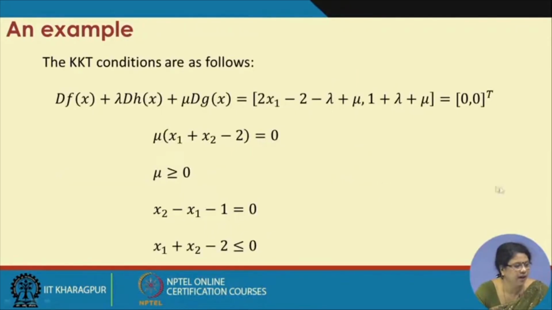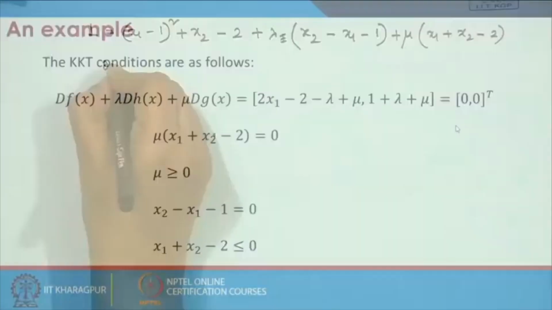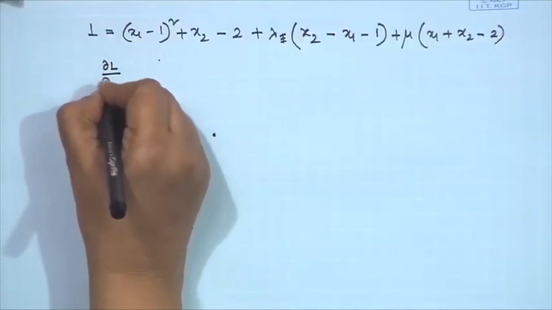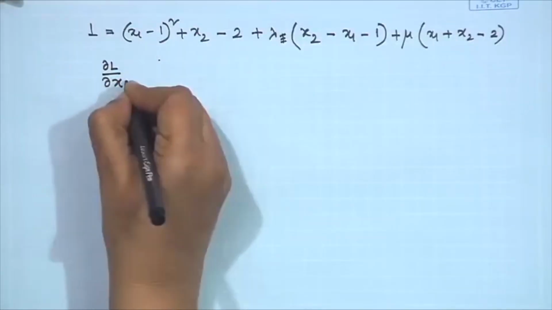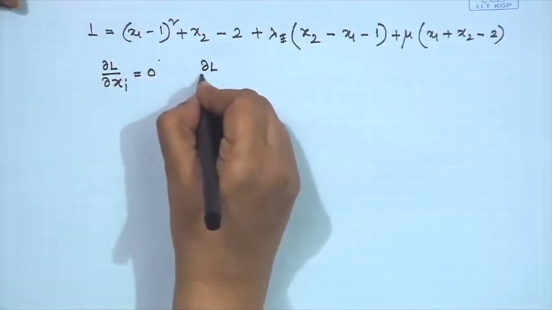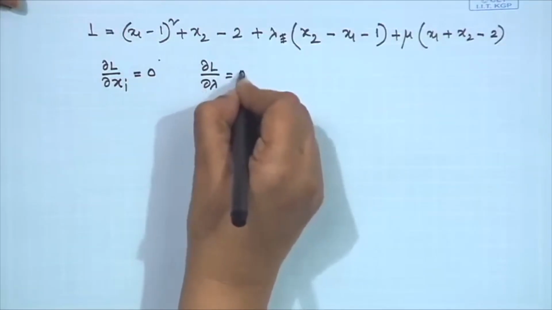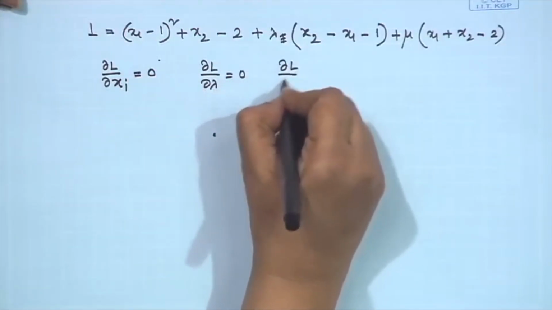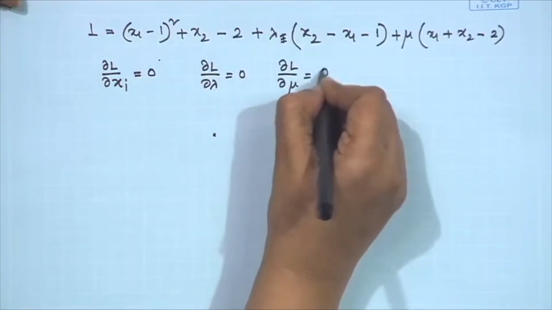Now, if we consider the KKT conditions, then we will get a set of KKT conditions. This is the optimality condition. We will get del L by del x1 equal to 0, del L by del x2 equal to 0, del L by del lambda equal to 0, and del L by del mu equal to 0.